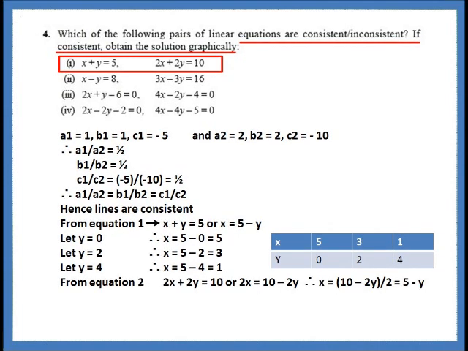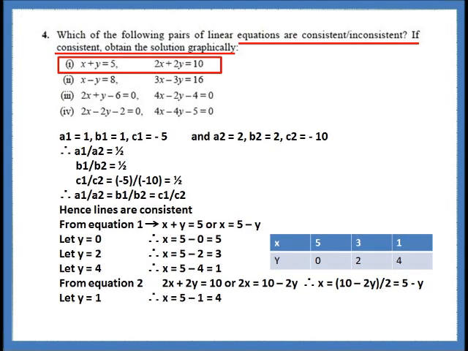From equation 2, that is 2x + 2y = 10, or 2x = 10 - 2y, or x = (10 - 2y)/2. So this is equal to 5 - y.